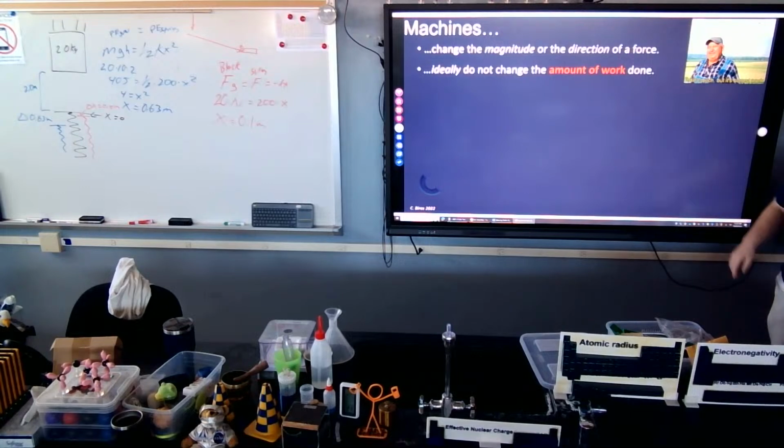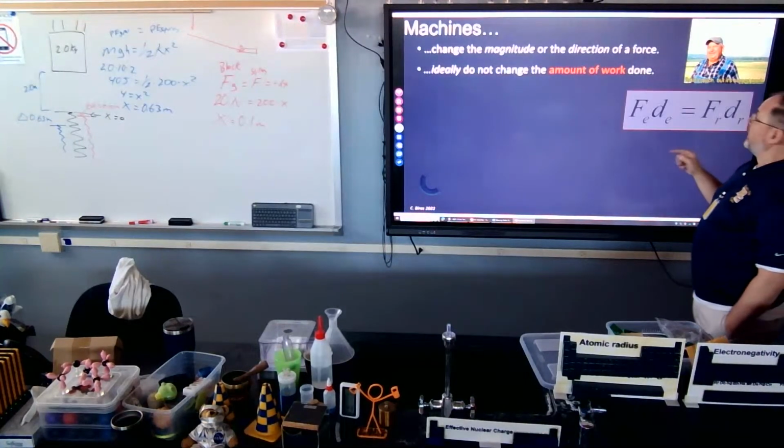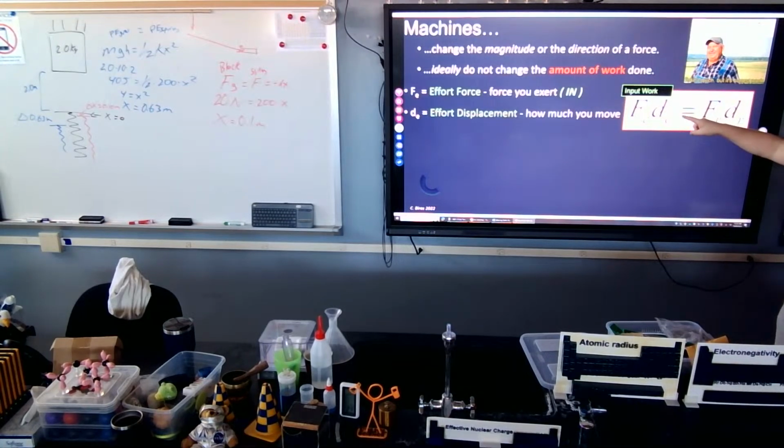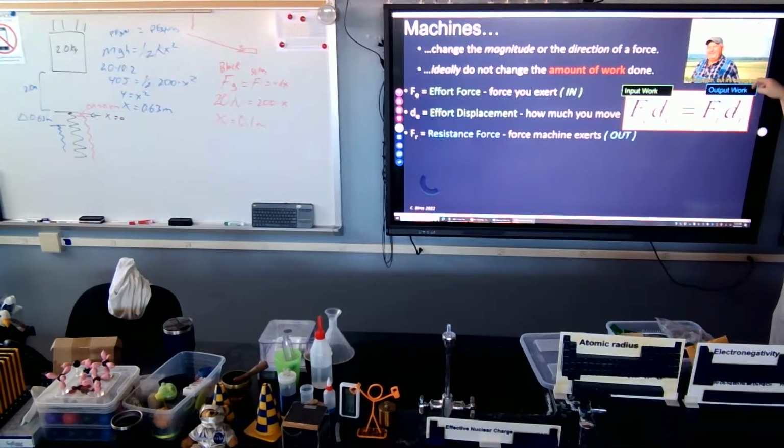They have an input force and an output force. And ideally, the effort force, which is the input force, multiplied by the effort distance equals the output force multiplied by the output distance. If there's no friction, which of course there is all the time, but we're going to pretend it doesn't exist.